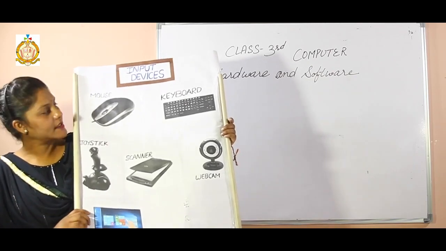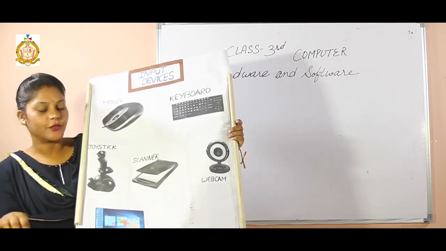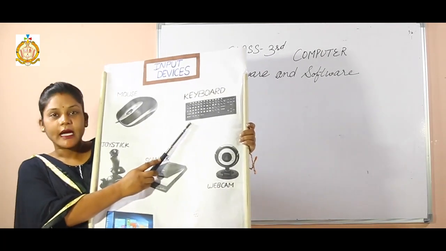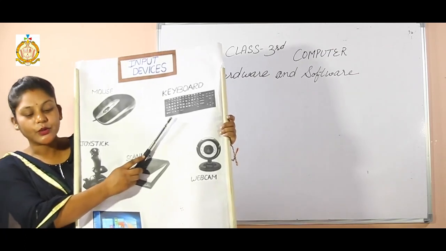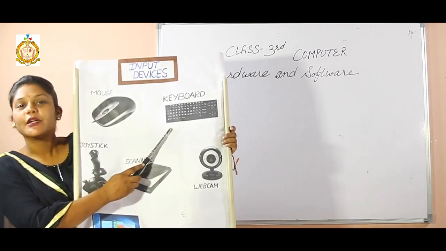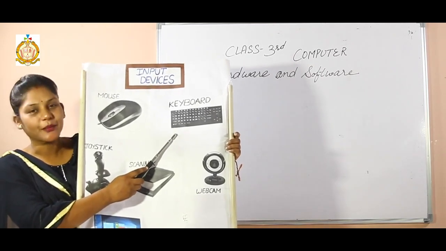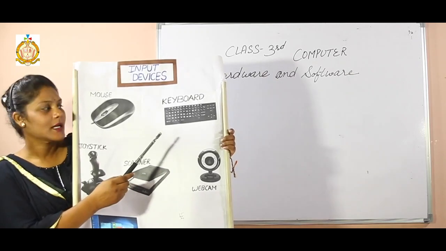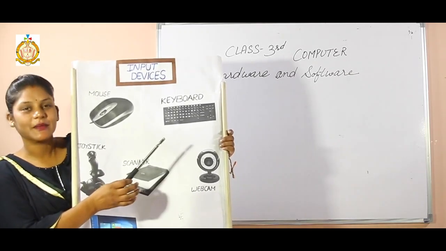And next, first of all I am discussing keyboard. Keyboard is an input device that is used to enter data into a computer. There are many keys that we can use to type numbers, words, symbols, document typing and other things.